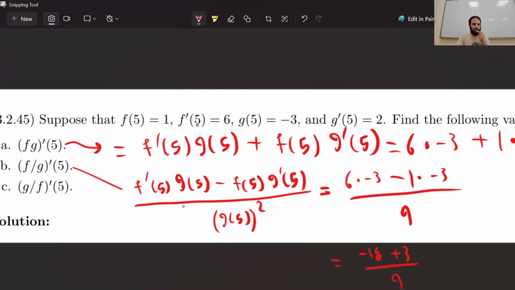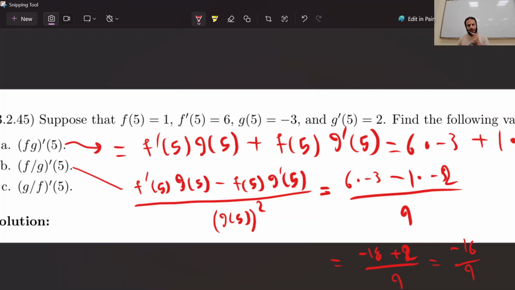G prime of 5, this one is 2. So here, plus 2. It's correct now, right? Yes, so minus 16 over 9. Are you good with this?